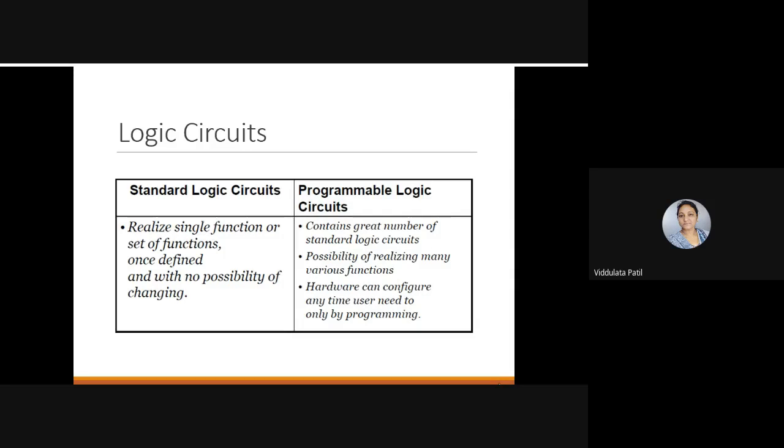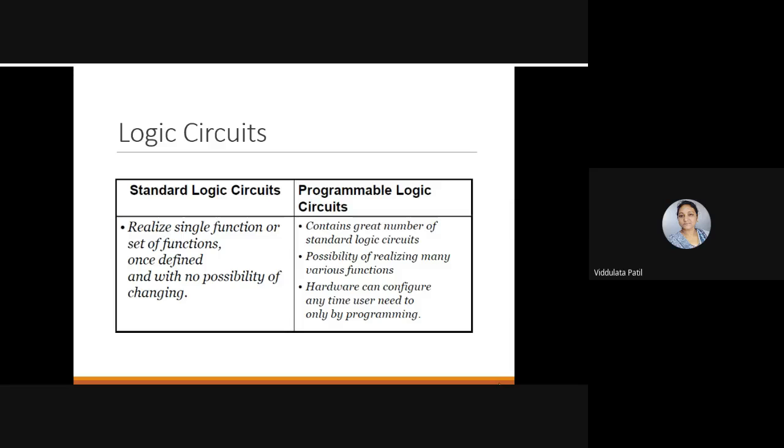Another type of logic circuit is the programmable logic circuit. This contains a large number of standard logic circuits. If we have adder circuitry and flip flops, such standard logic circuitry can be available in the programmable logic circuitry, and they can be used to realize many functions.